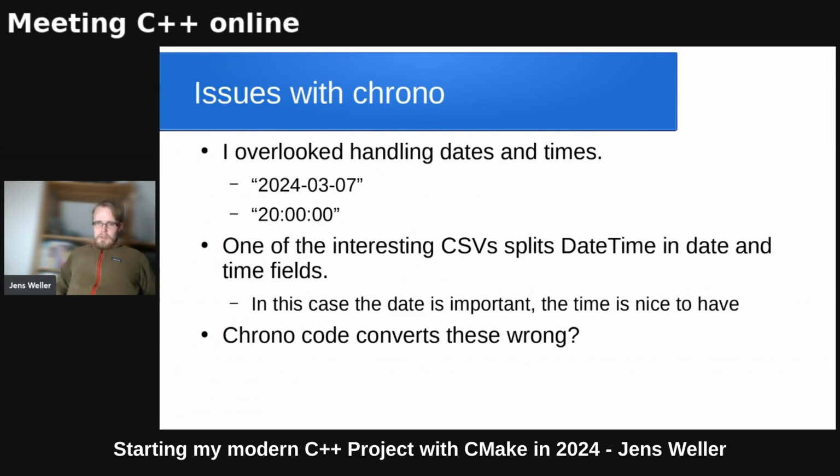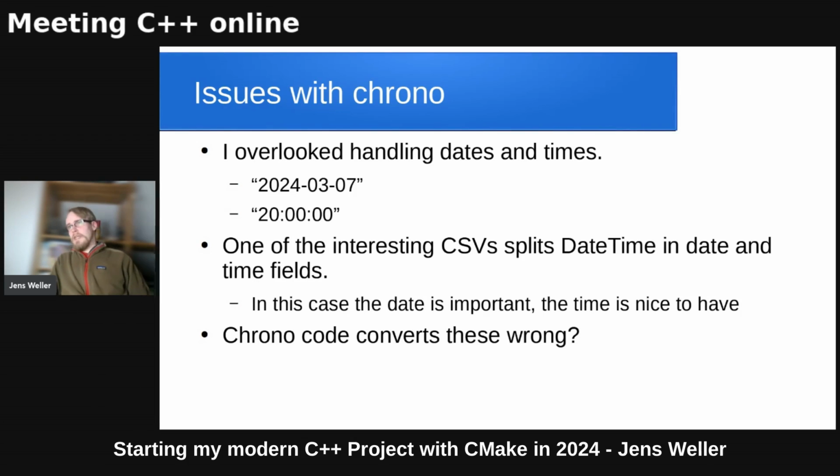I've recently looked into one of the use cases I have, and it came to my mind that I overlooked that a date time could be a date and a time. And so that CSV file has a date and the time in two different fields. I don't want to provide the functionality to join that together.